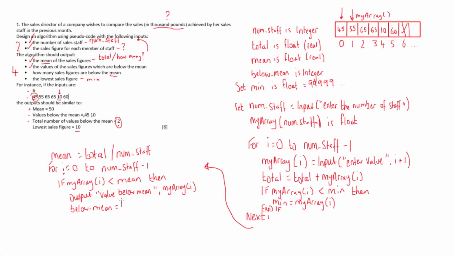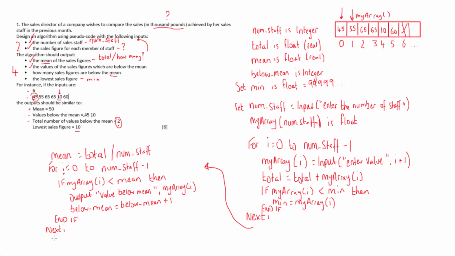And I'm going to say below mean plus 1. So every time we find a value, add 1 to that variable. Once I've done that, make sure I close up everything, end my if, increment my loop, and then I just need outputs now.